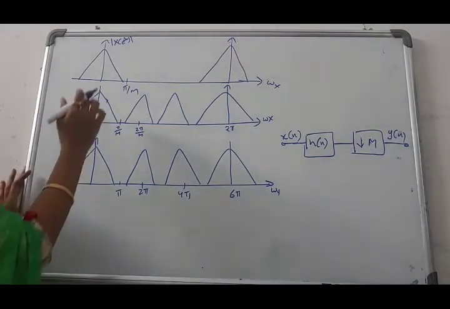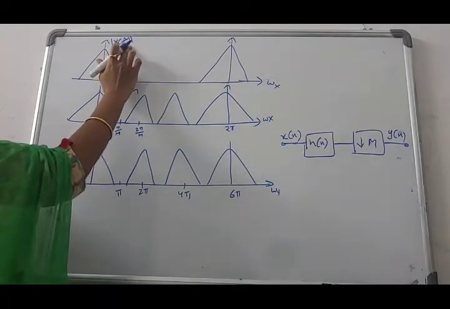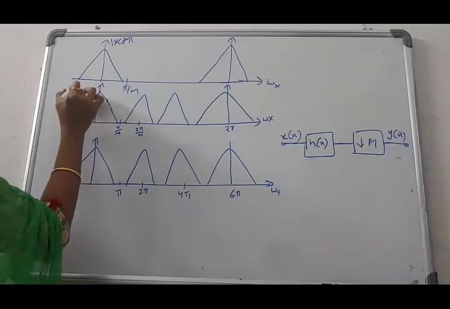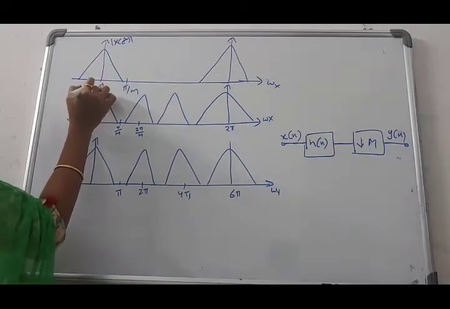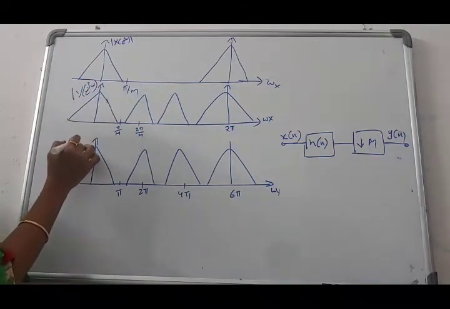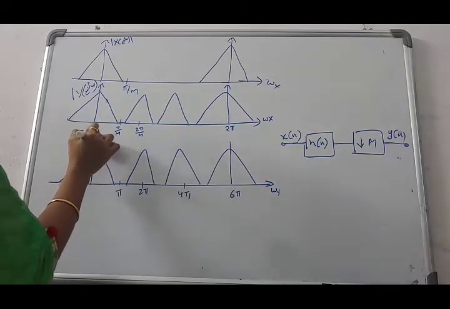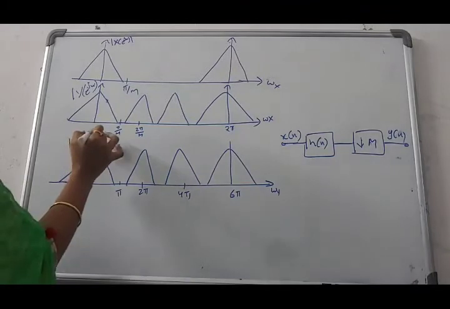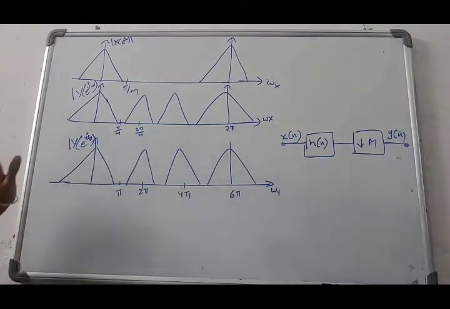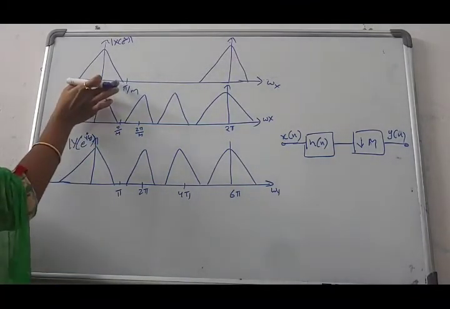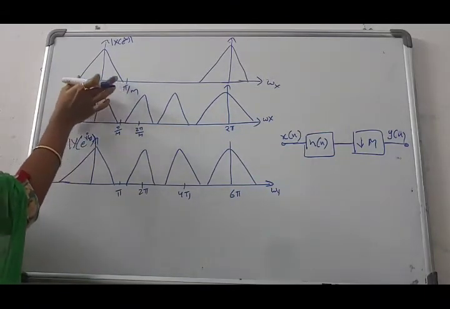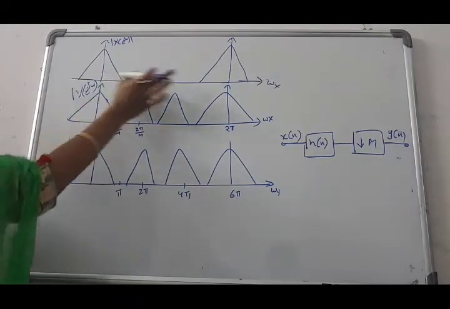This is the frequency spectrum of mod x of e power j omega, and this is mod y of e power j omega. Here is a band limited signal, band limited to pi by m, so here omega is equal to pi by m.